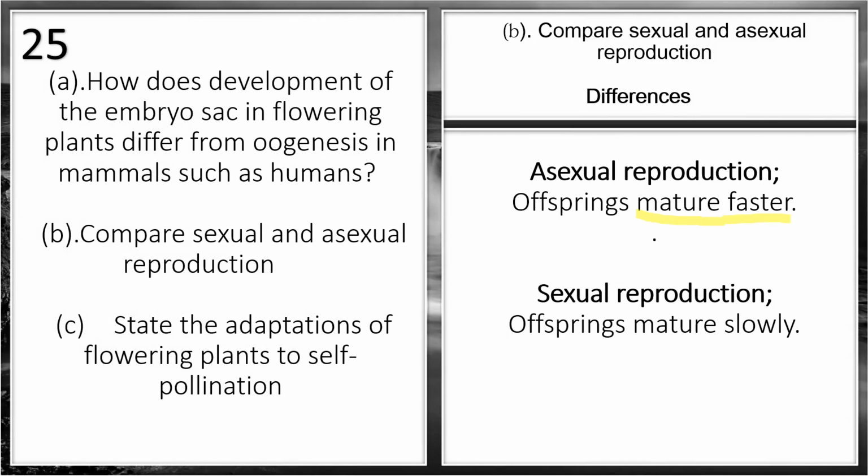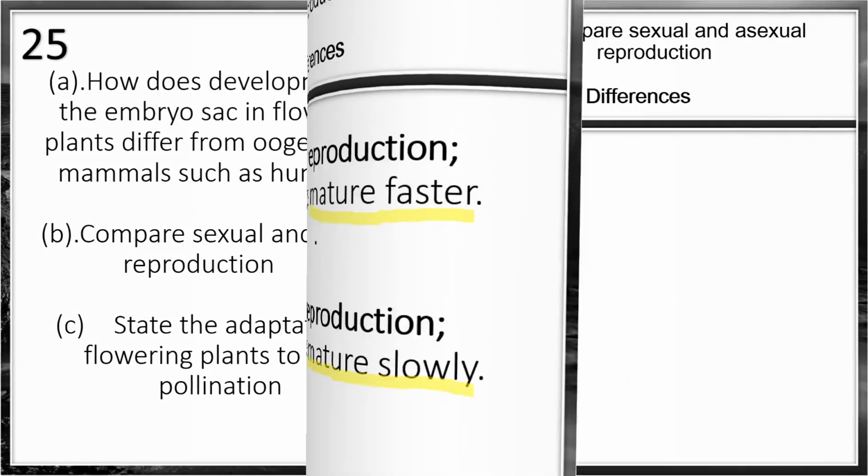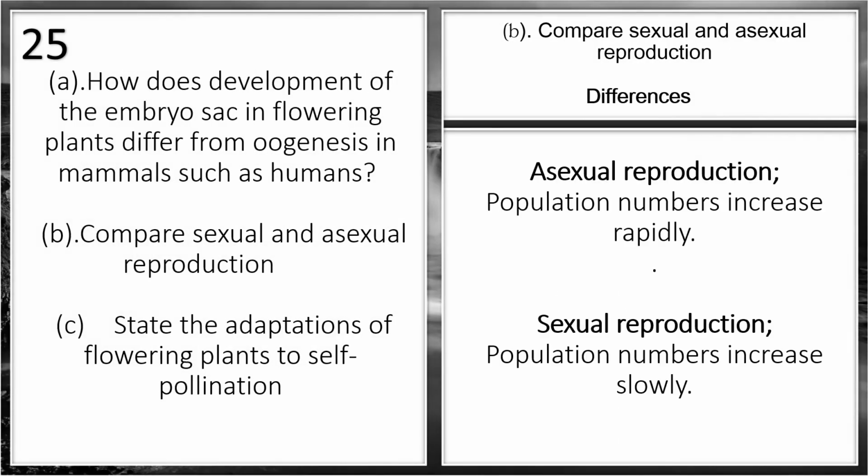Sexual, offspring mature slowly. Asexual, population number increases rapidly. Sexual, population number increases slowly.